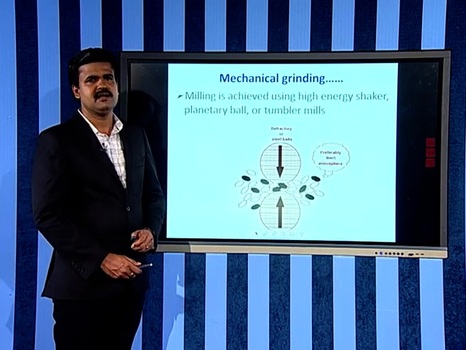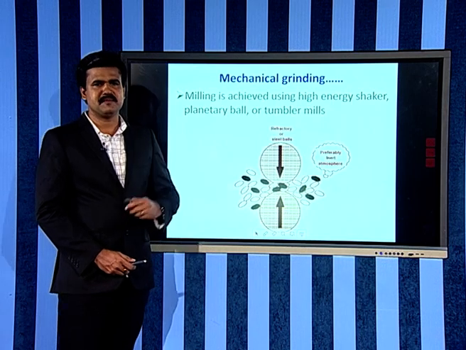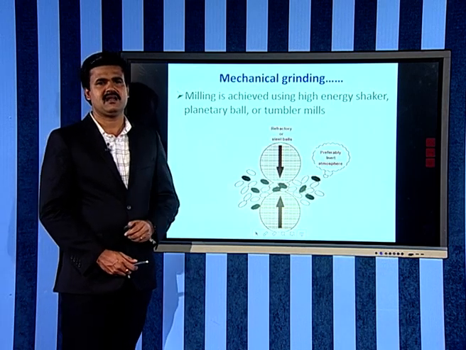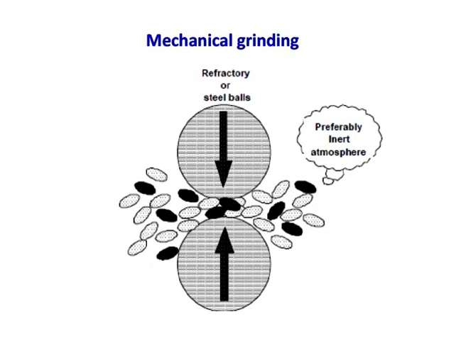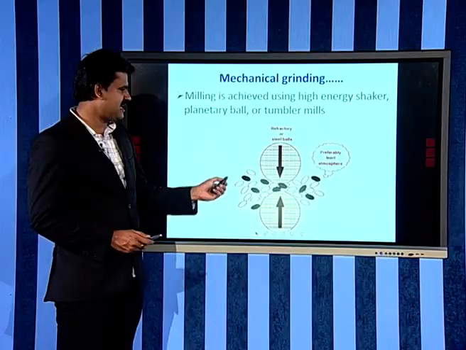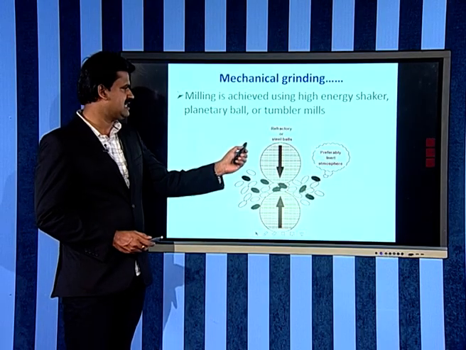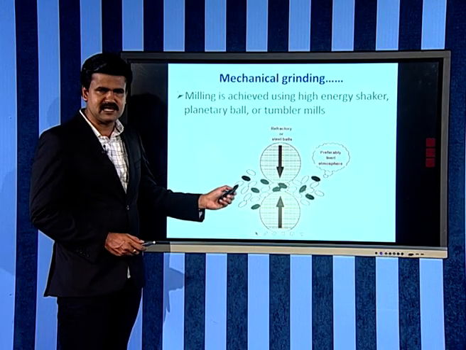Regarding the experimental part, mechanical grinding is illustrated in this picture. Here there are two refractory balls shown in this picture. Many balls can be added, and these high energy steel balls rotate with different speeds, and the starting material, that is the bulk material, is placed in between these refractory or steel balls.